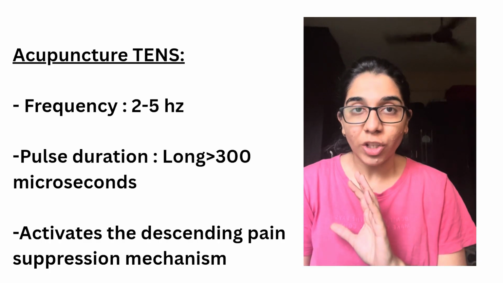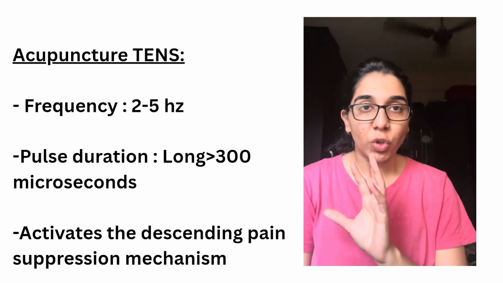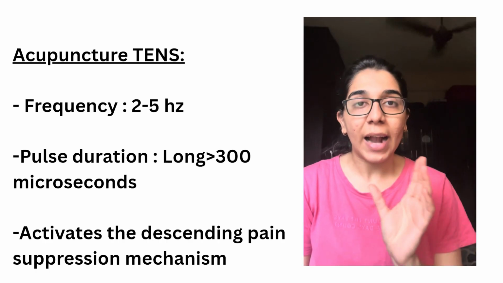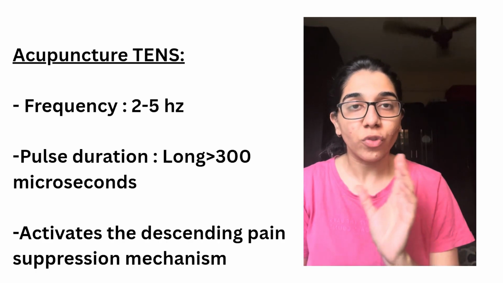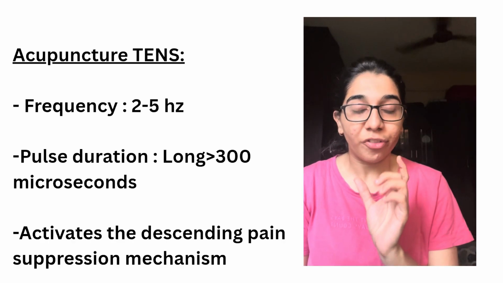So whenever the condition is chronic, acupuncture TENS is effective. So conventional TENS is usually used in cases of acute pain, and acupuncture TENS is usually used in cases of chronic pain.